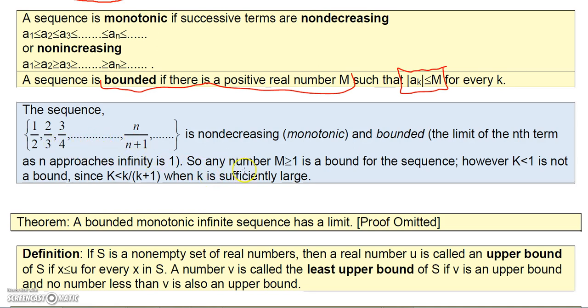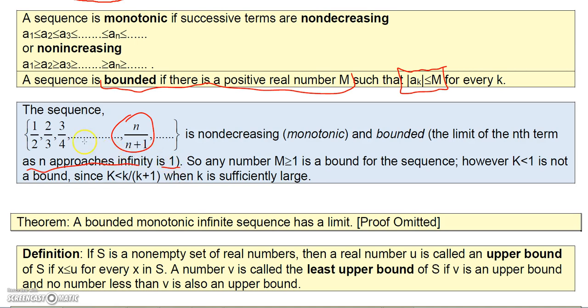Okay, but it is bounded as well because the limit as n goes to infinity of the nth term is 1. Because if you took the limit of n over n plus 1 as n goes to infinity, it's going to equal 1. So it's bounded above by the value 1.